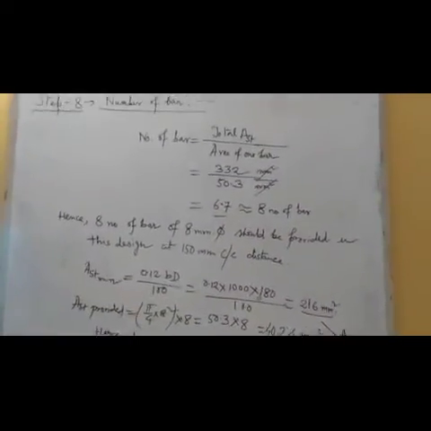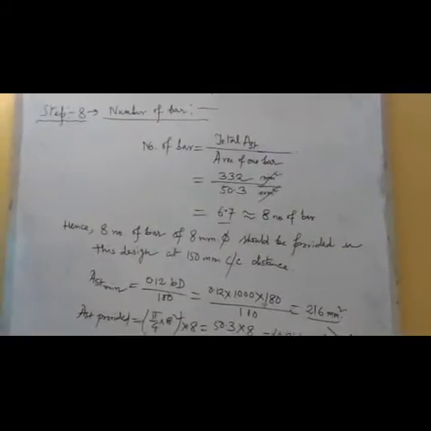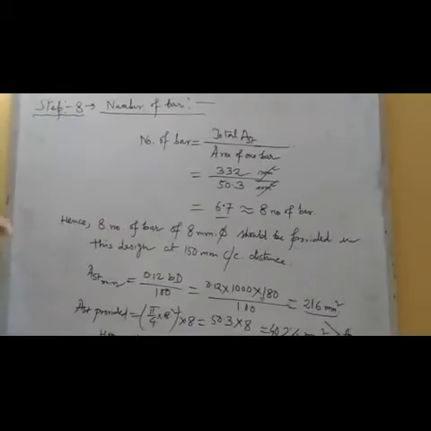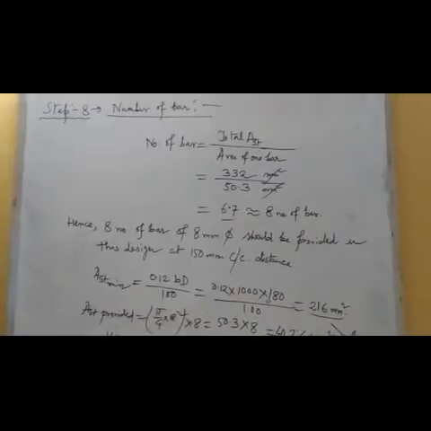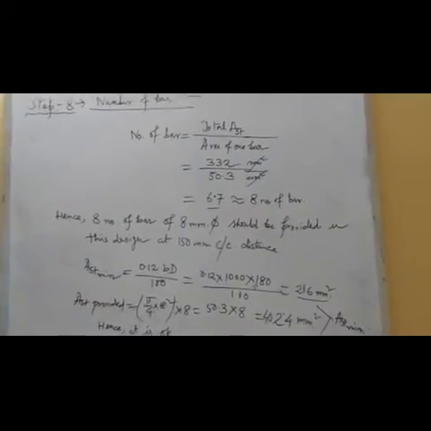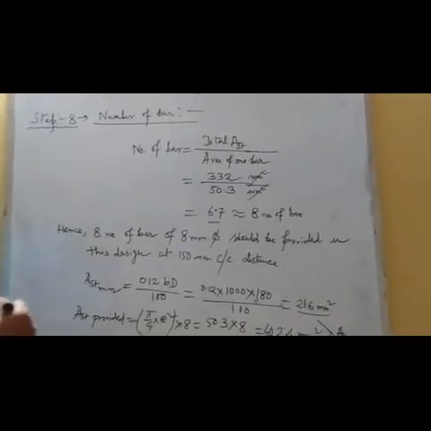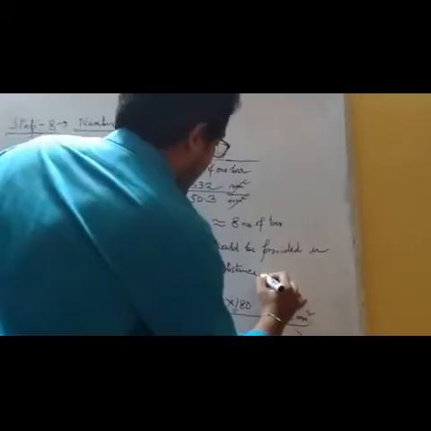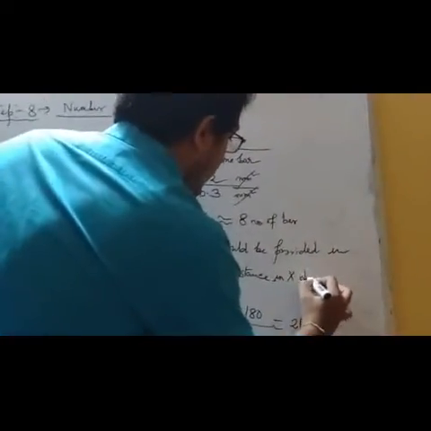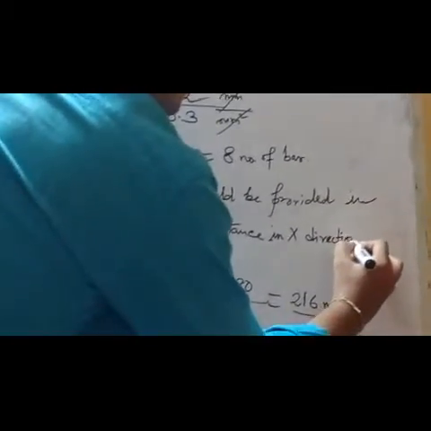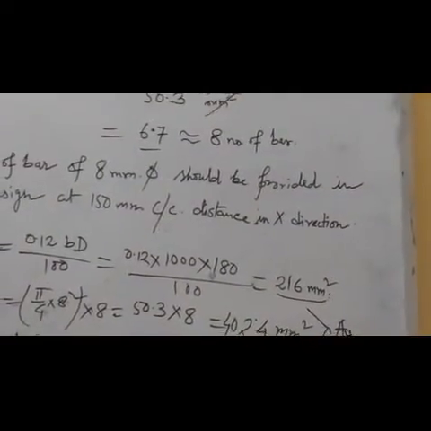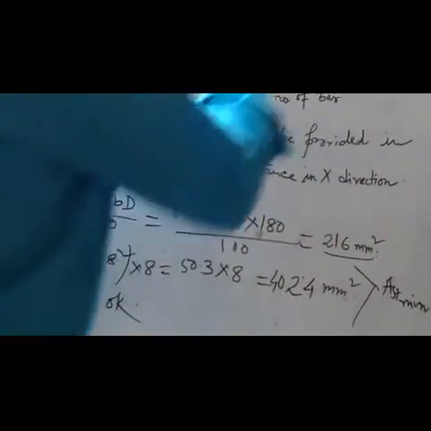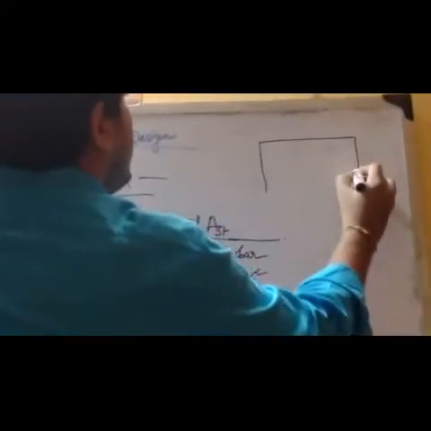Clear? All the calculations we have done are totally according to the x direction. Now we can write this statement, or add one thing, that all these are related to x direction only. Now we have to calculate in y direction because it is a two-way slab. I have already told that there are two types of dimension.